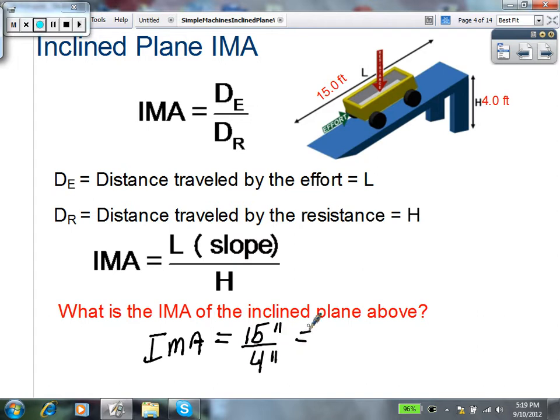So if we do the calculations on this, 15 divided by 4 is 3.75. So the ideal mechanical advantage is 3.75.